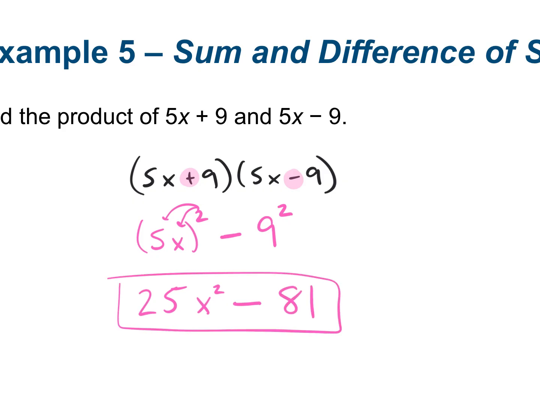If you want to FOIL this out, see if you get the same answer. You will if you FOIL it out correctly. So when they're conjugates, I think the conjugate shortcut's easy to remember, but if you don't remember, just FOIL it out. You'll get the same thing.